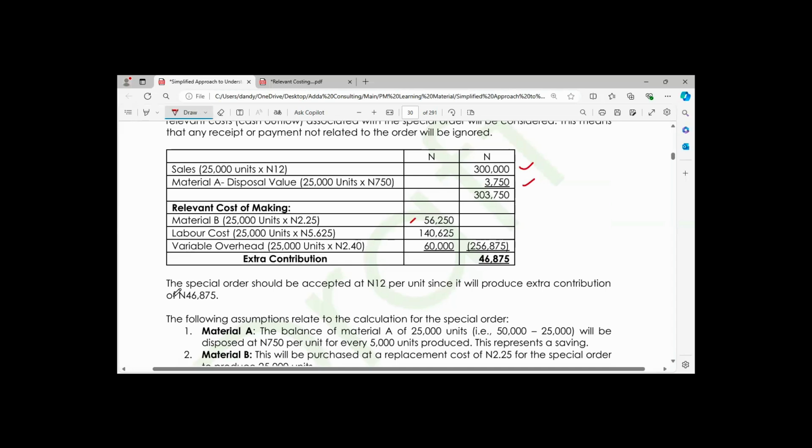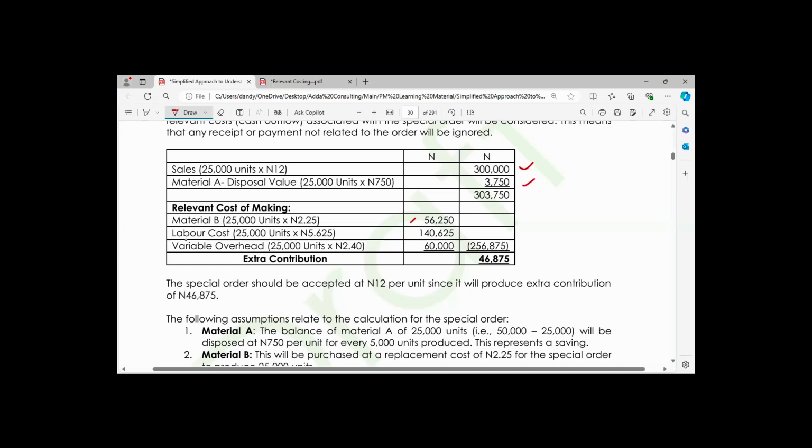Remember, the company has normal operating activities that are ongoing in the company, because this is a special order, but the activity level that is driving this special order, because you want to produce 25,000 units for the special order, will be bought at 5 naira 625 kobo.